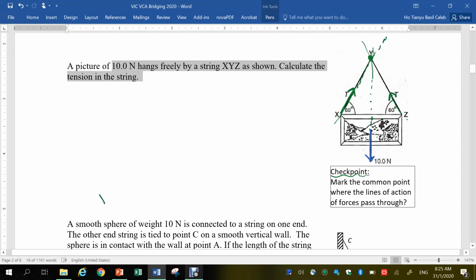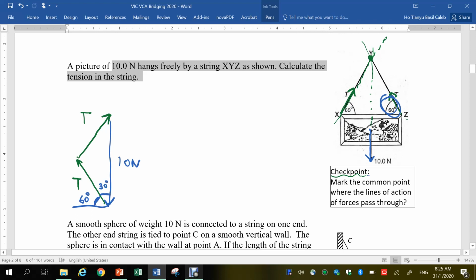So next, T. The question already tells you that the picture is in equilibrium, so the vector diagram must form a closed triangle. This is 10 newtons. If you look at the angle here, let's say 60 degrees, we know that this angle here is 60 degrees, which means that this angle here is 30 degrees.